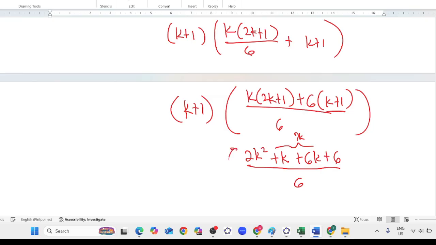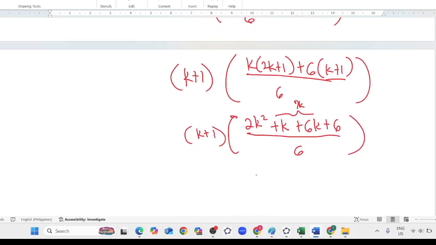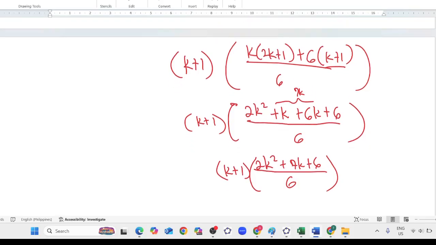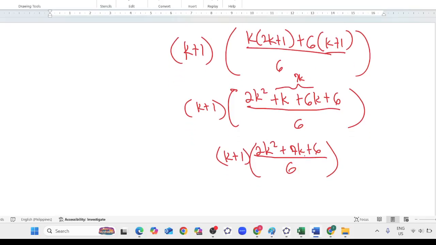Note that we still multiply this by k plus 1. Then this will become 2k squared plus 7k plus 6 divided by 6, times k plus 1, and that's it. Now for the 2k squared plus 7k plus 6, we can actually factor this out.